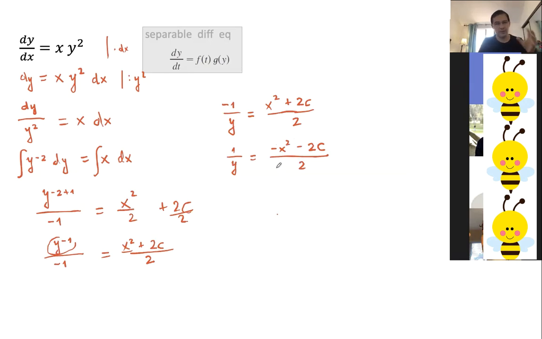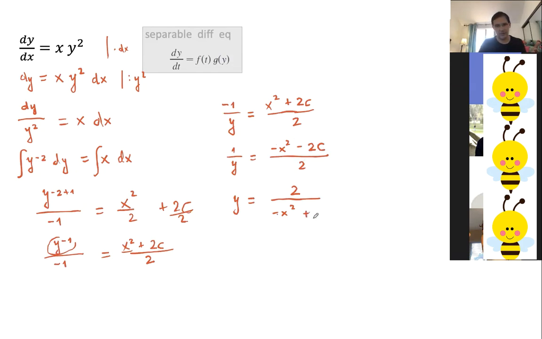Okay, and you know the solution is y. I want to get y by itself. So if I take the reciprocal on the right-hand side, I get 2 divided by negative x squared minus 2c, or plus 2c. Really, I can say plus any number a because it doesn't really matter. It's just negative 2c.